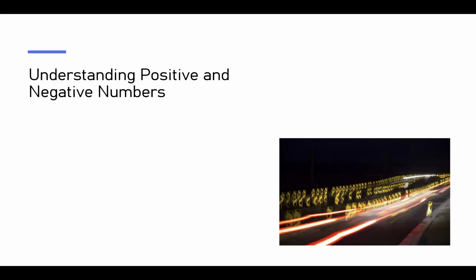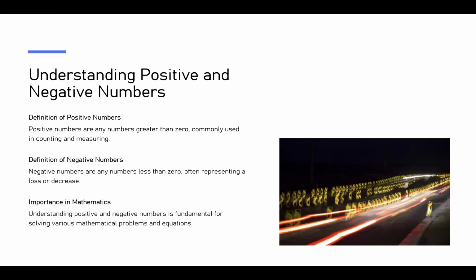So positive and negative numbers, understanding positive and negative numbers. Positive numbers are any numbers greater than zero, commonly used in counting and measuring. So that could be one, two, three, four, and so on. Negative numbers are numbers that are less than zero, often representing a loss or decrease.